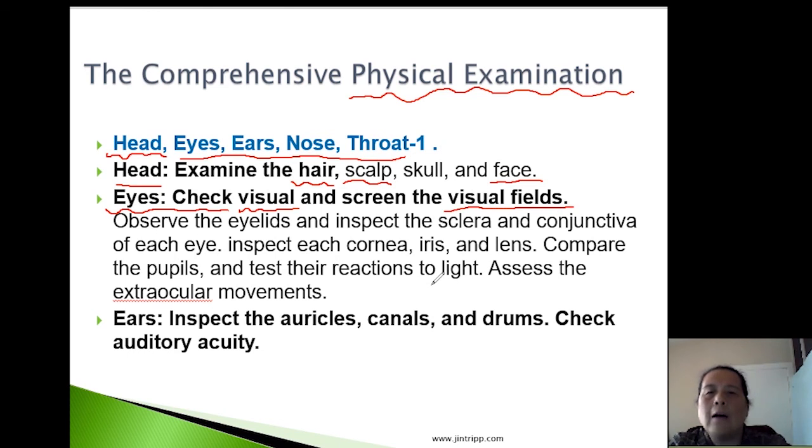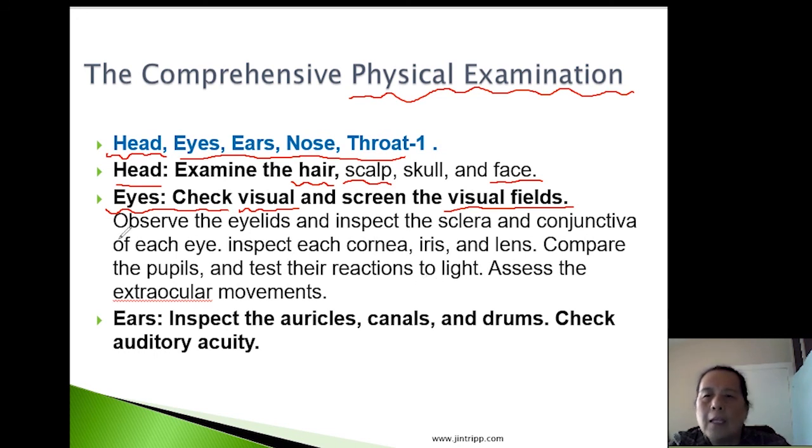Even though we are not eye specialists, we can still do some simple examinations of the eyes. Certainly, some more eye examinations need an eye specialist, who will have machines to check. But we can do some basic physical examinations of the eyes.